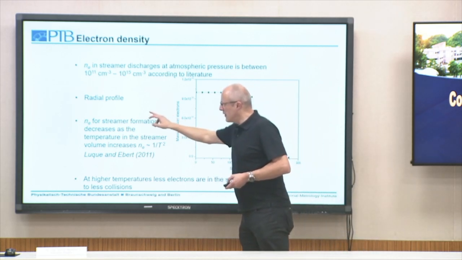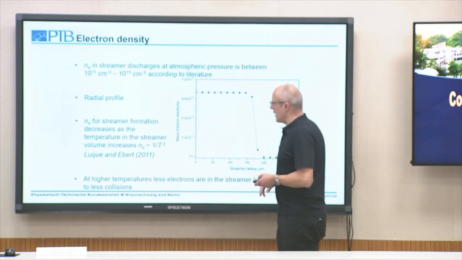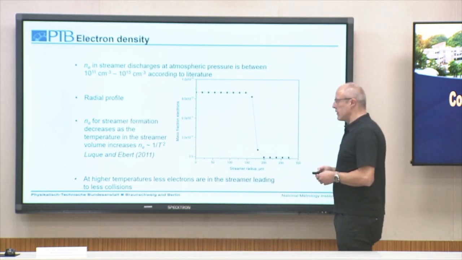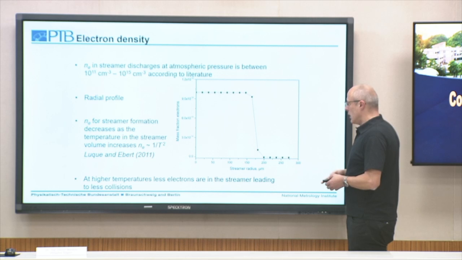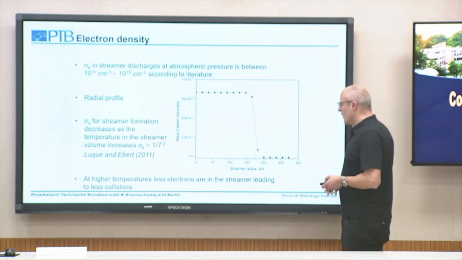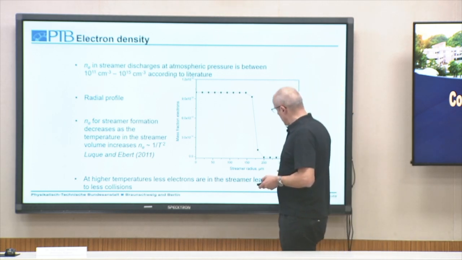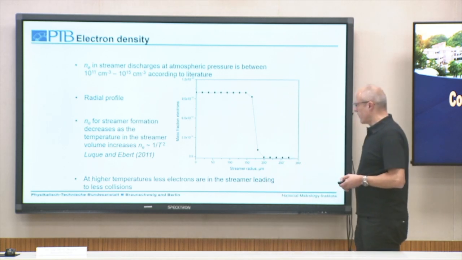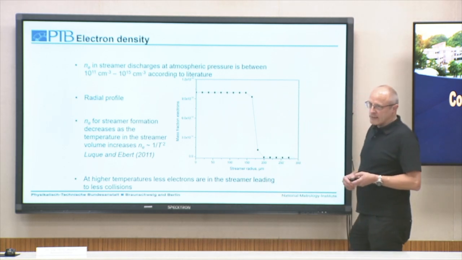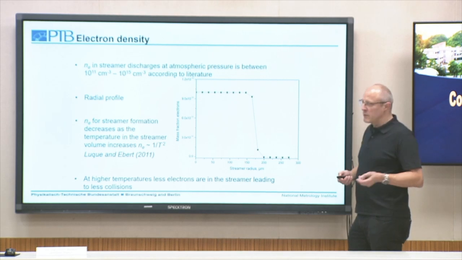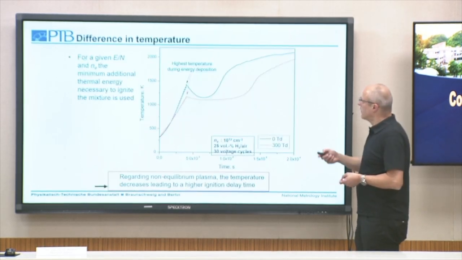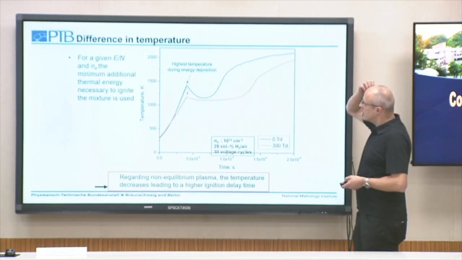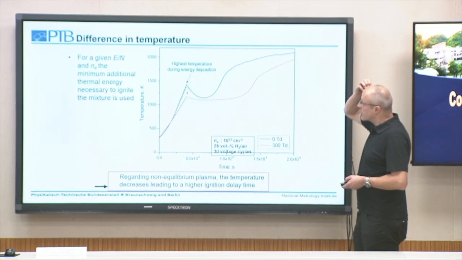So the number of electrons can be calculated in this discharge. What is also important to know is that at higher temperatures we have less electrons, and of course lower density, so we also have fewer collisions. So what is now the outcome?